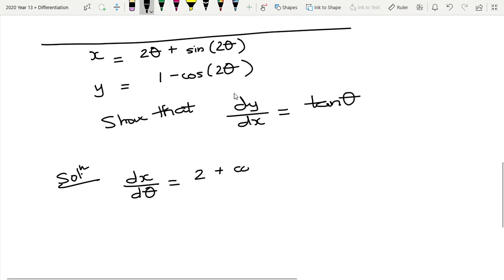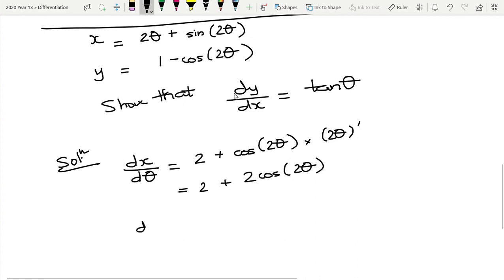Sine will become cos 2 theta first, and then times 2 theta dash, with respect to theta, of course. So 2 plus, and 2 theta dash will become 2. So put 2 in front for the sake of simplicity. That's done with dx over d theta.